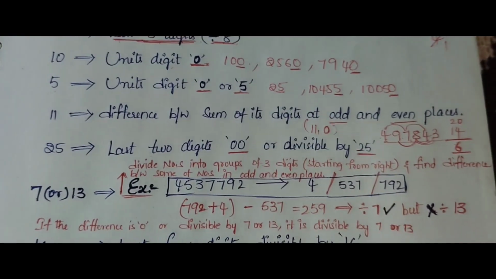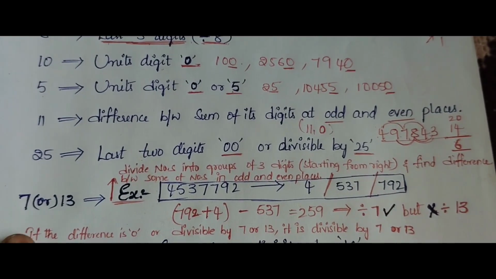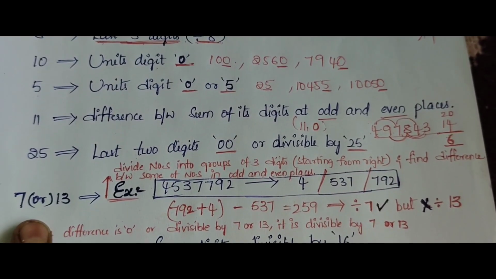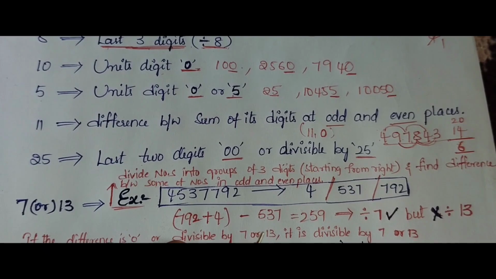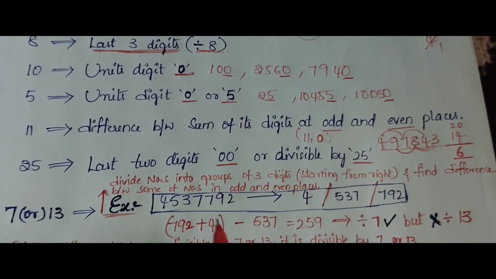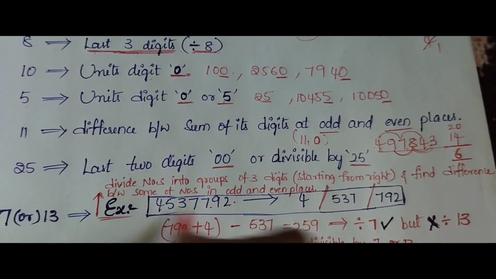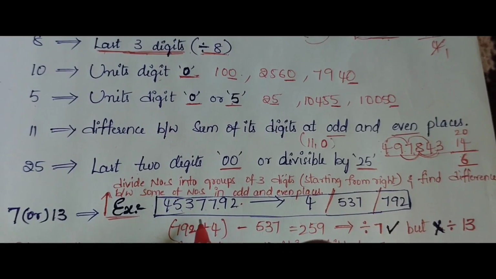Next, coming to the divisibility rule of 7 and 13. For checking whether a number is divisible by 7 or 13, first we have to divide the given number into groups of 3 digits, starting from the right, and find the difference between the sums of the groups at odd and even places.